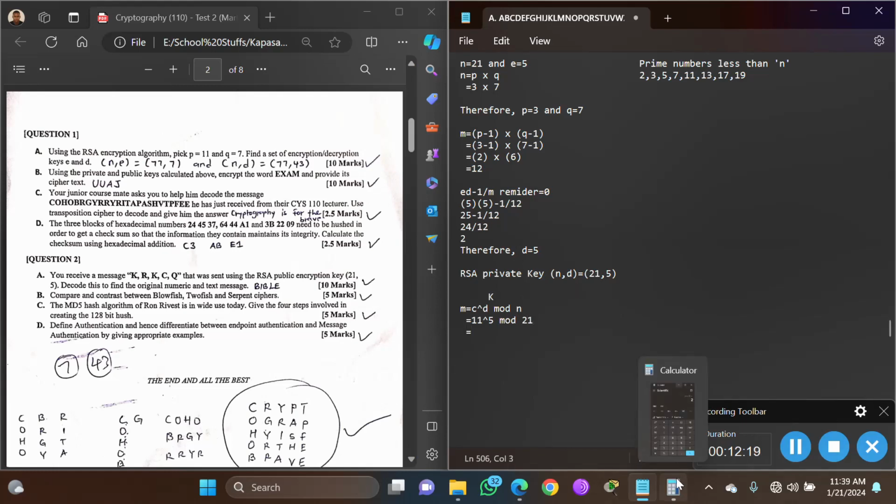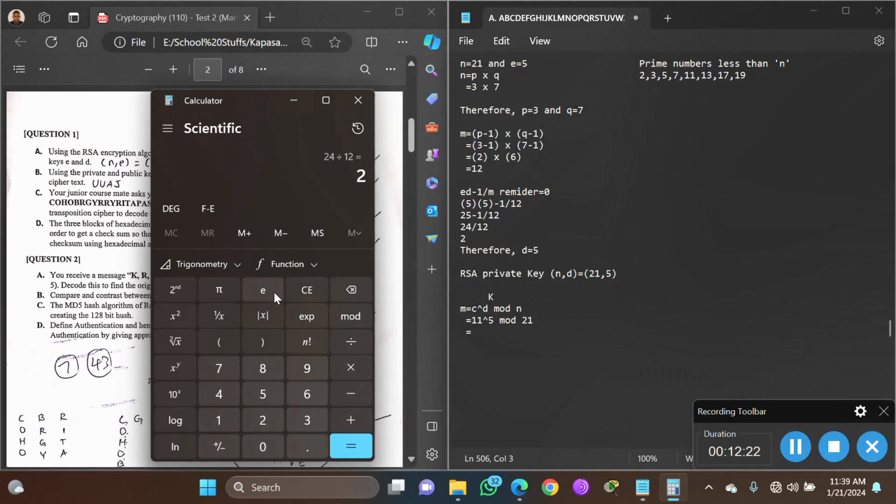So we open up our calculator. Then we need to say 11 power 5. Now this brings us to the things we are familiar with. We are just interested in the remainder with mod. Remember that. Then we say mod 21, which is more like saying divide by 21. If you divide this number by 21, you get up to 2 decimal places.